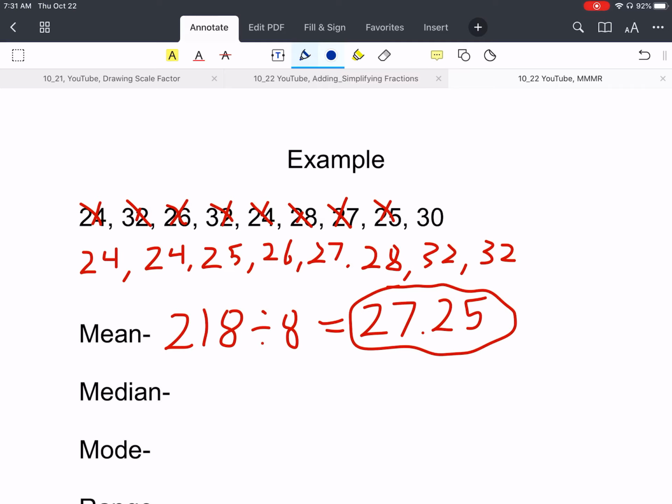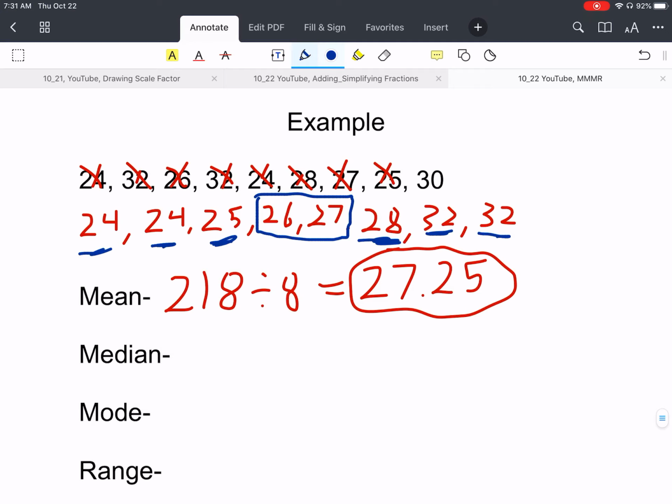All right, median. Going to track down the middle. Okay, 24 and 32s are on the outside. Going down with 25 and 28. And now we have 2 numbers in the middle.